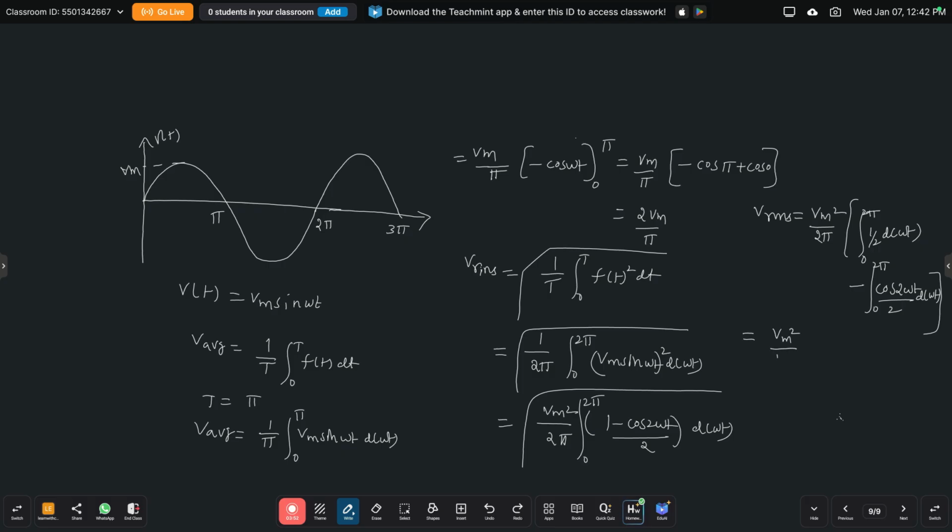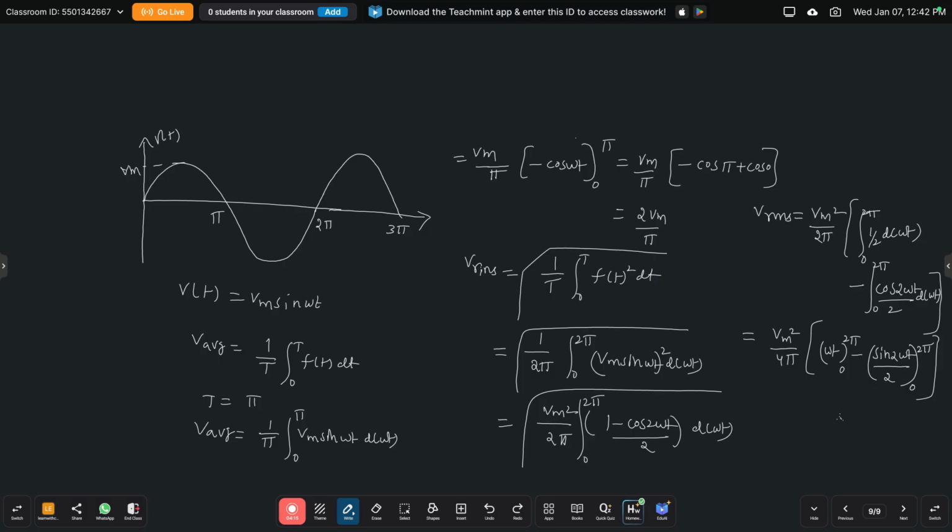You can take 4 common, so Vm square by 4 pi, integration of 1 will give us omega t. Apply the limits 0 to 2 pi, minus sine 2 omega t by 2, 0 to 2 pi.